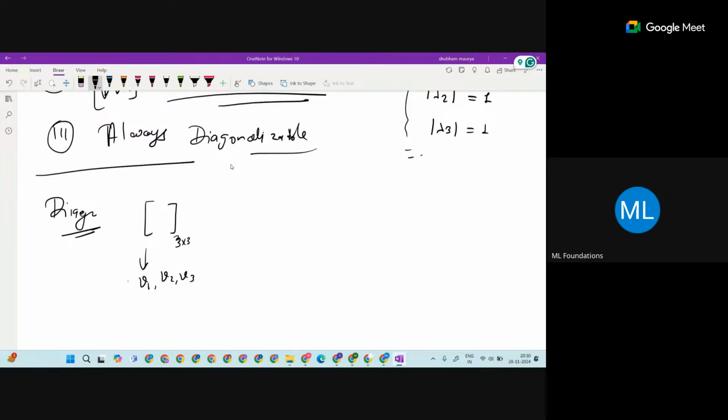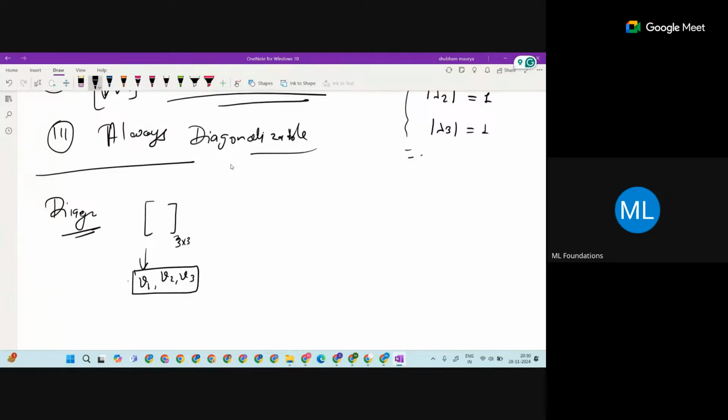It doesn't matter if eigenvalues are the same or different. All that matters is that you are able to get 3 independent eigenvectors.